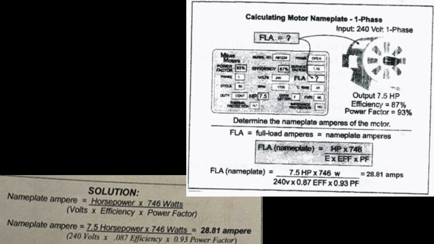Nameplate amp: 7.5 horsepower times 746 watts equals 5,595 over 240 volts times 0.87 efficiency times 0.93 power factor equals 194.184. Now 5,595 divided by 194.184 equals nameplate ampere of 28.81, rounded up to 29 amps.